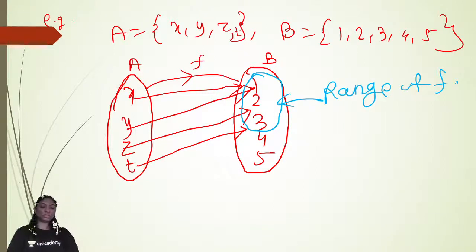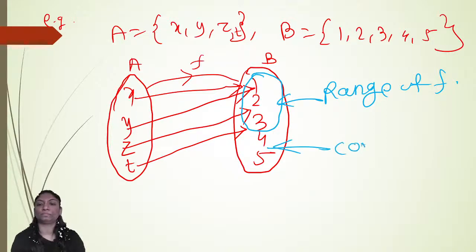Right? All these elements, it means 1, 2, 3 is the range of f. And the codomain is the whole set B.